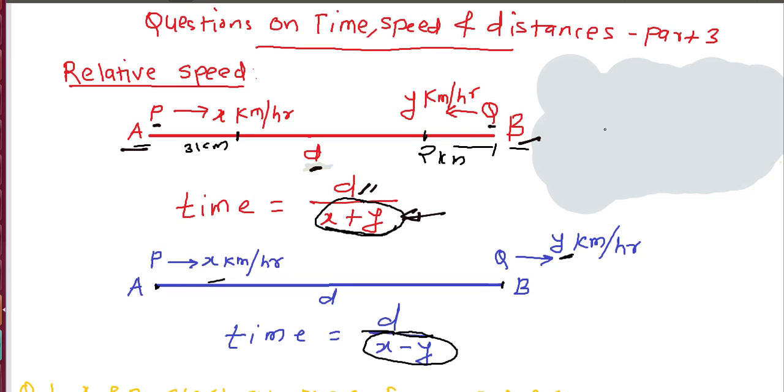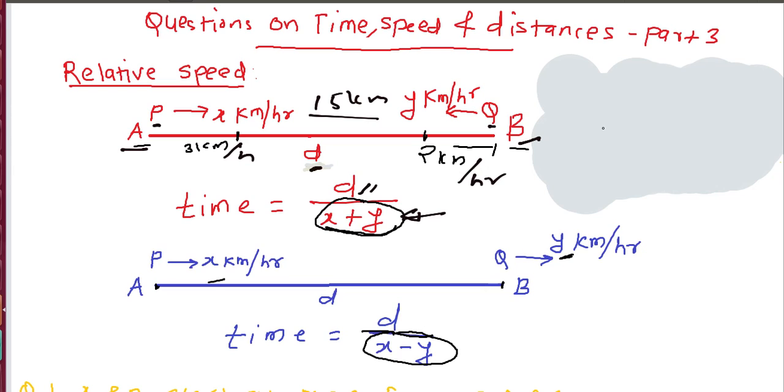The reason behind this is, let's say the speed of A is 3 kilometer per hour and speed of B is 2 kilometer per hour, for example. And let's say this distance D is 15 kilometer. So in 1 hour A will move 3 kilometers, B will move 2 kilometers. So in total they have covered 5 kilometers in 1 hour.